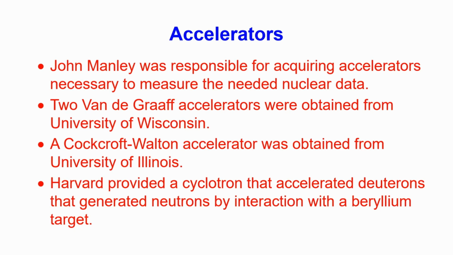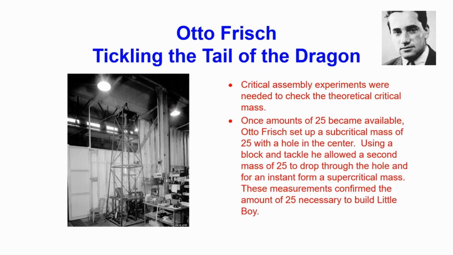One of the accelerators was sitting on fill dirt, another was sitting in the basement, but it was sitting on what is called tuff, which is a volcanic ash. And so all these things had to be changed.